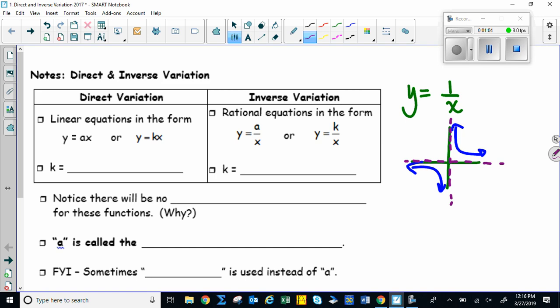So when we first start looking at rational parent functions, we compare this idea of inverse variation to direct variation. Direct variation is basically a linear equation that goes through the origin. So back in Algebra 1, it would have looked like y equals mx because the b value would have been 0.